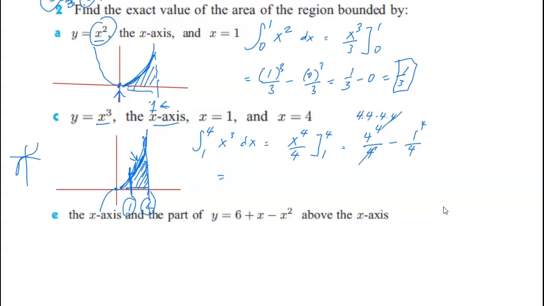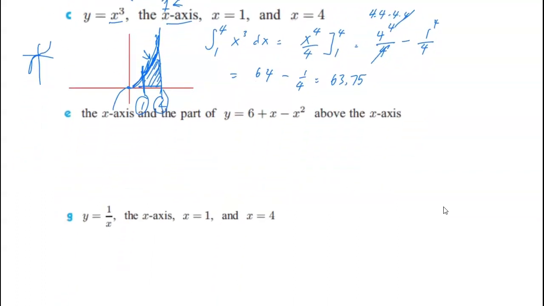One of these 4's would cancel out with the 4 on the bottom. That would make it 4 cubed. 4 cubed, it turns out, is 64. I just have that one memorized. Minus 1 to the 4th is 1, so minus 1/4. So the answer is 63.75. Okay.